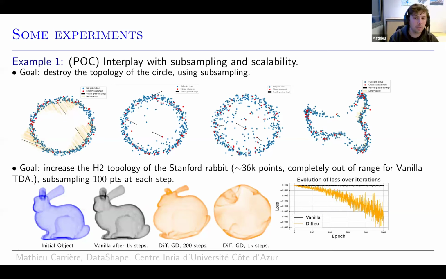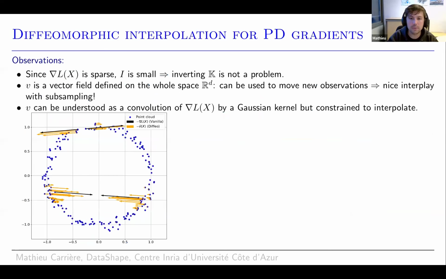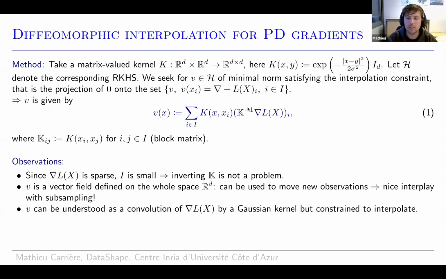Now, if you don't subsample, it becomes harder, because you're computing the diagram itself, and you have this extra step of extending it with this equation here, right? So you also pay the price of inverting a potentially big matrix.